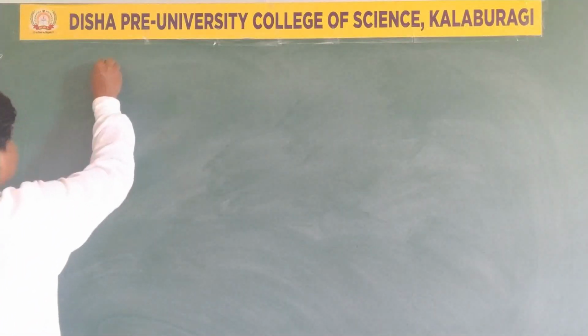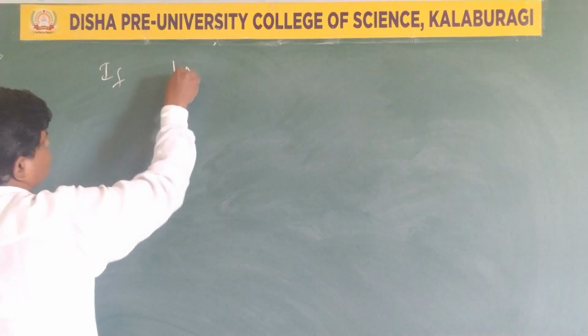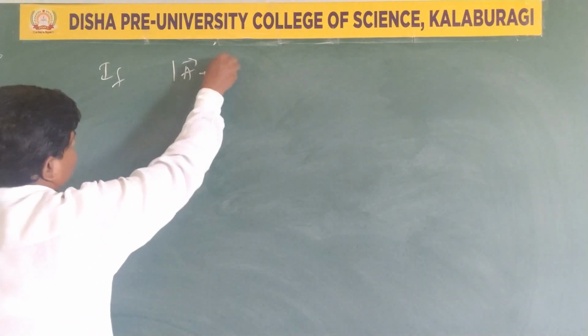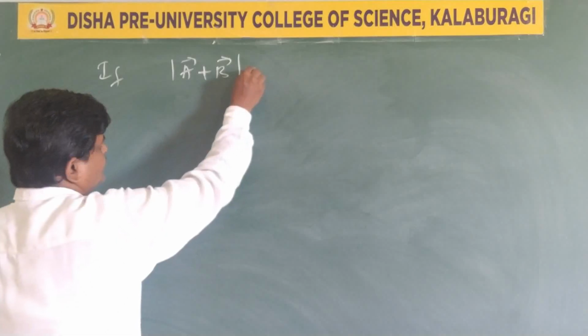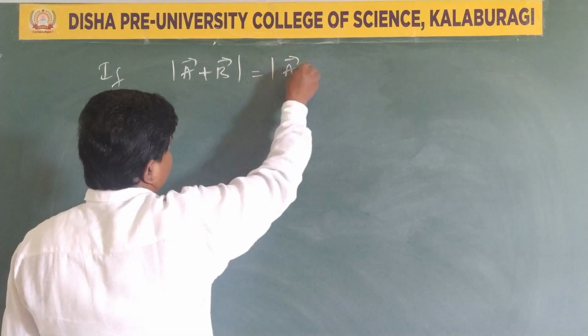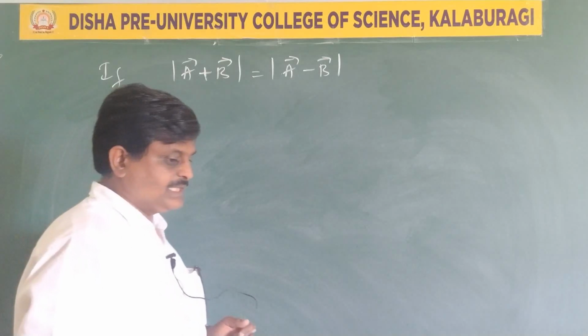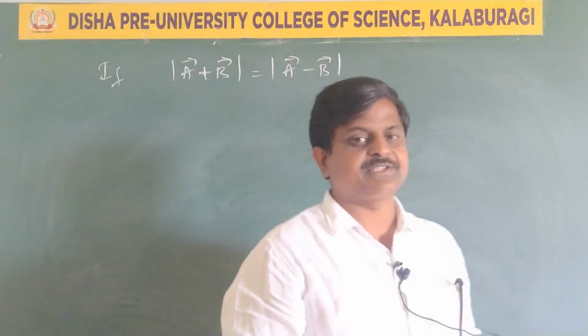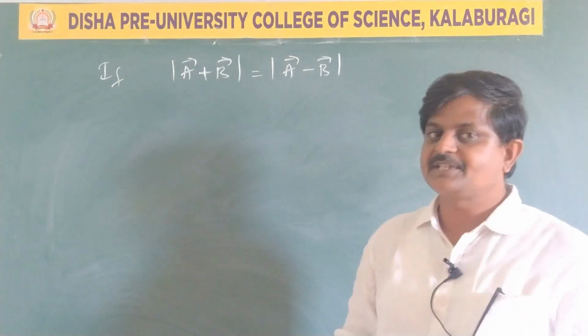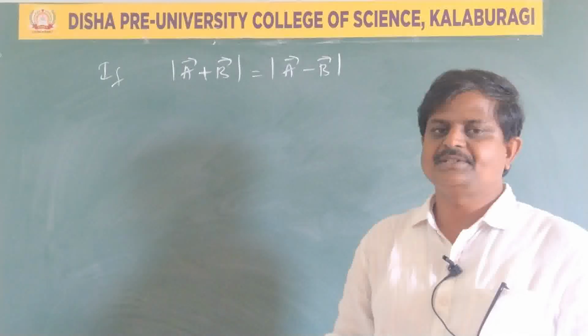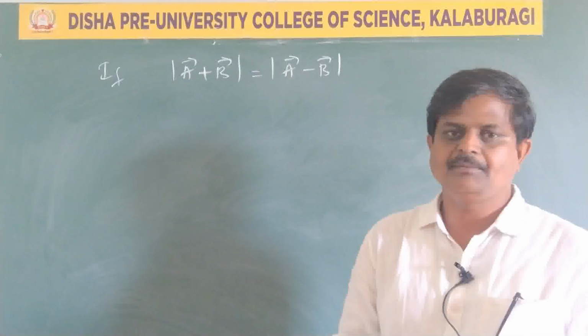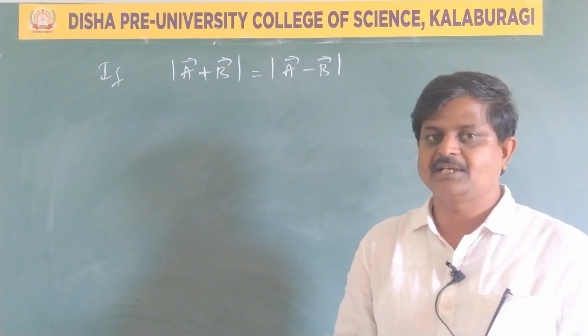If the modulus of A plus B, the sum of two vectors, is equal to the difference of these two vectors, what does it mean? The resultant of two vectors is maximum when they act in the same direction. The resultant is minimum when they act in opposite direction.